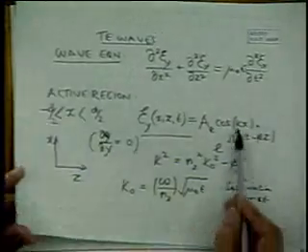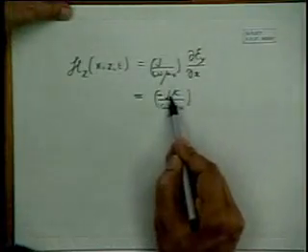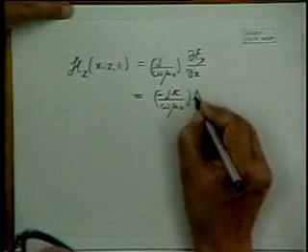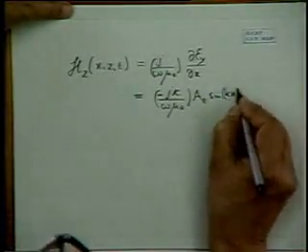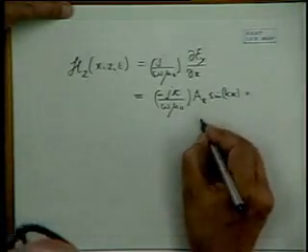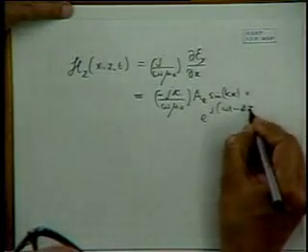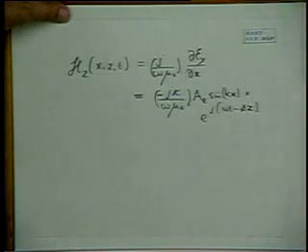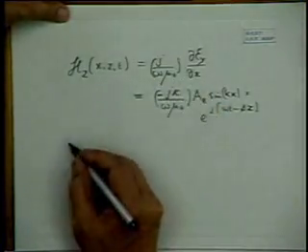Okay, the cos becomes minus sine, so minus j k AE sine kx into exponential e to the power j omega t minus beta z. Okay, so this is within the active layer.